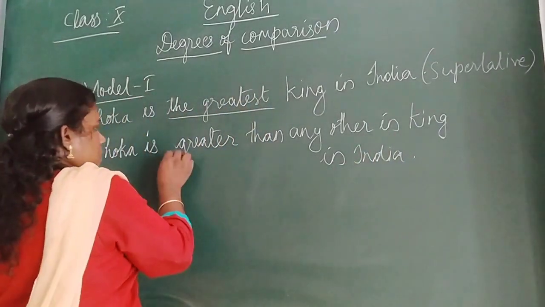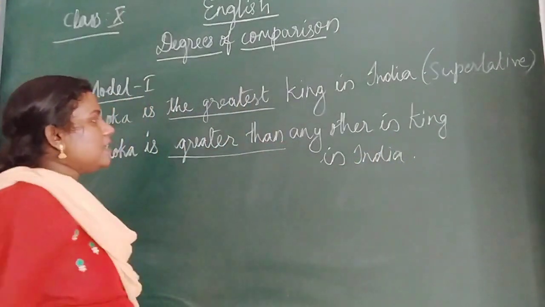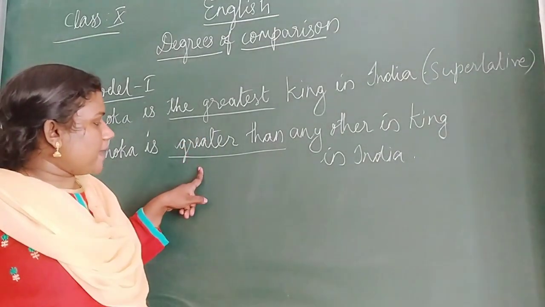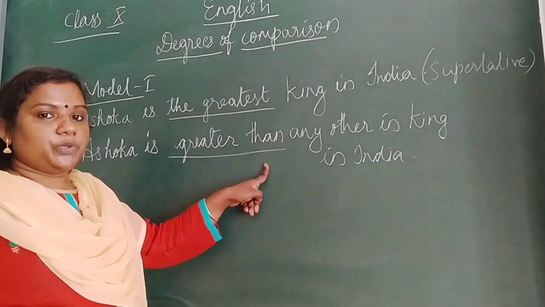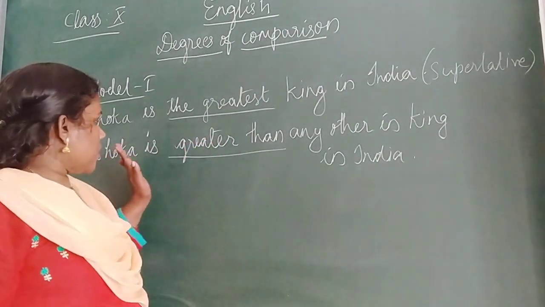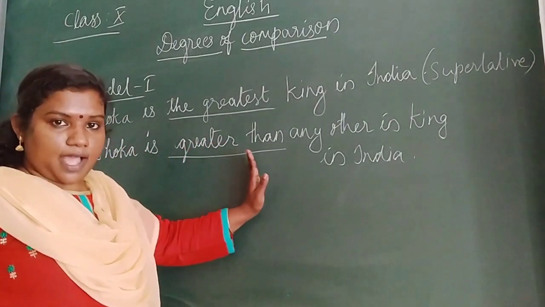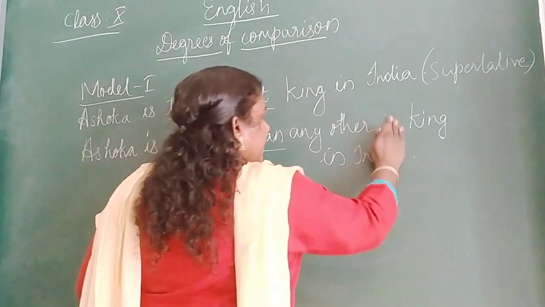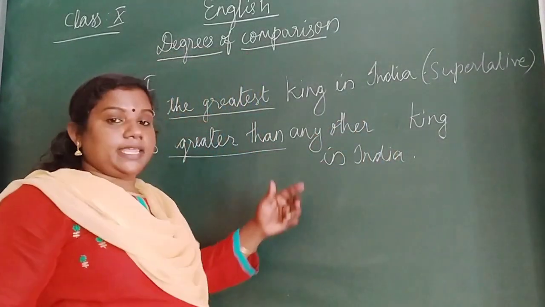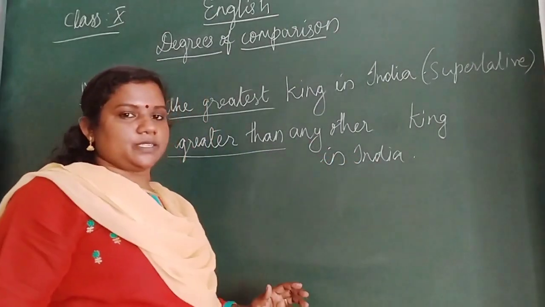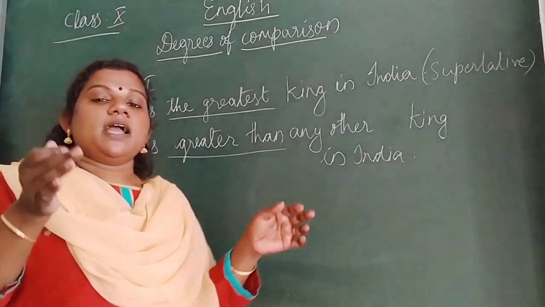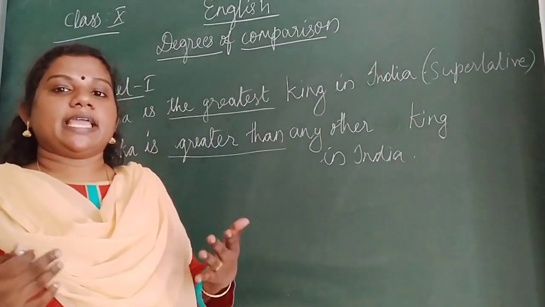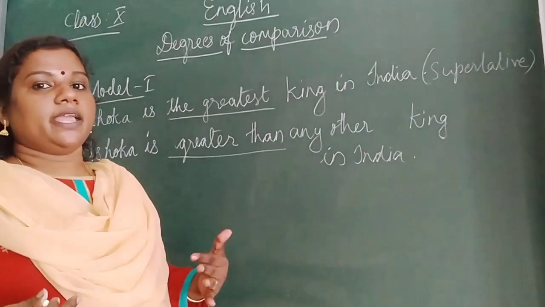You see, students, what changes happen here? The comparative form of greatest is greater. After the comparative form we always have to use than. So, Ashoka is greater than any other king in India, comparing Ashoka with other kings.